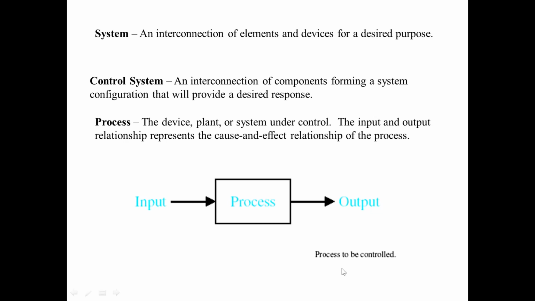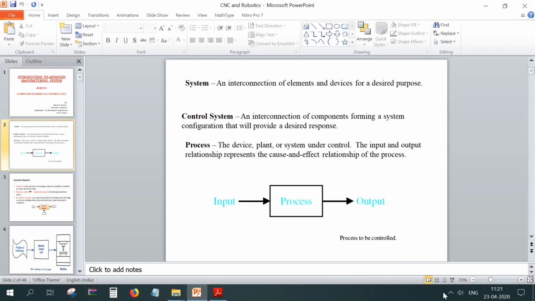In mechanical terms, the input we call a raw material or a raw workpiece. That raw workpiece we process according to the different dimensions, and we get a desired output, a finished product or finished workpiece. You can call it a product. That is nothing but an output.